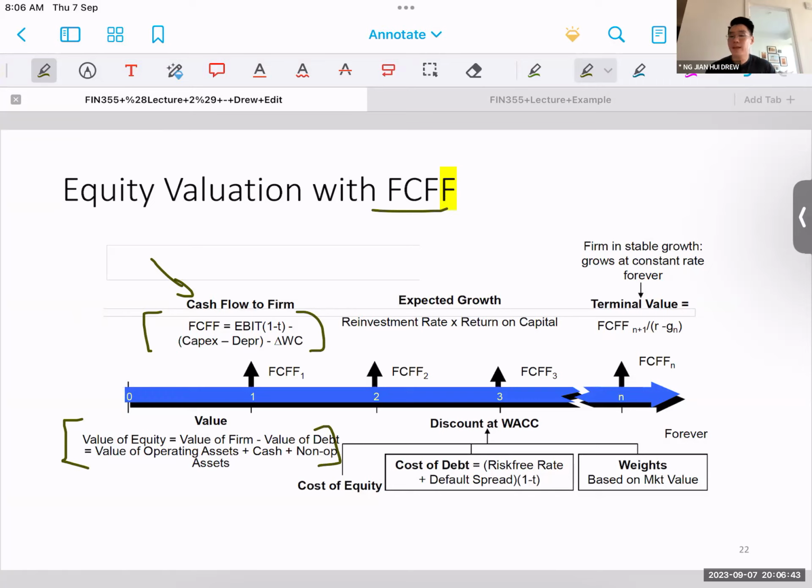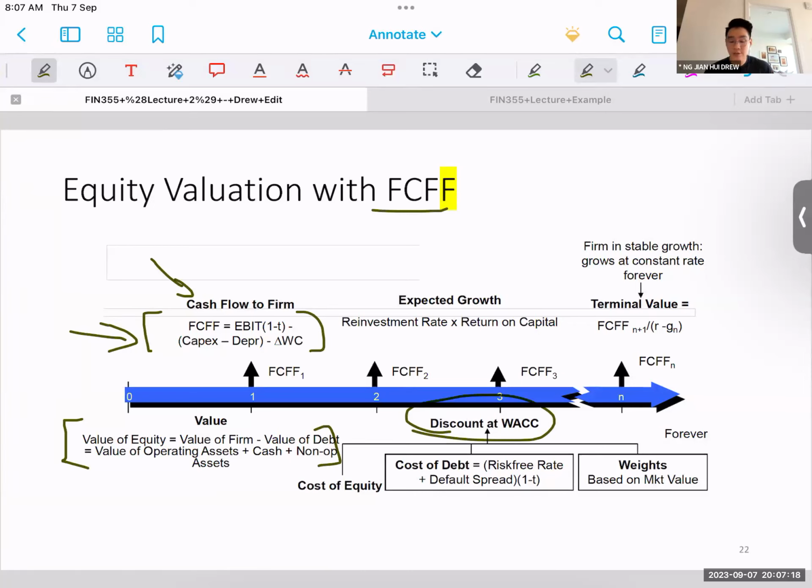Like EBIT, we can use the less simplified version, the EBITDA, or the more bottom line item, the net income. So this is the standard formula, but there are many derivations of it. This determines the cash flow. Once we are able to determine the cash flow, we again need to determine the discount rate, and in this case, we're using the WACC.